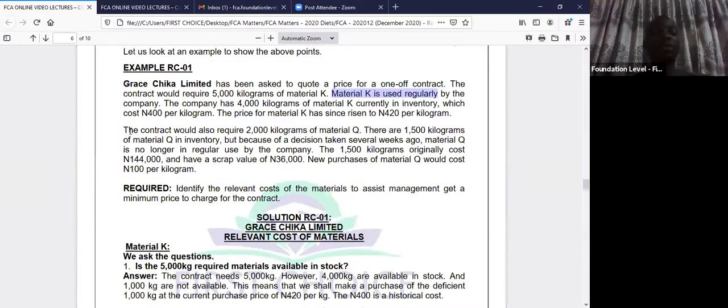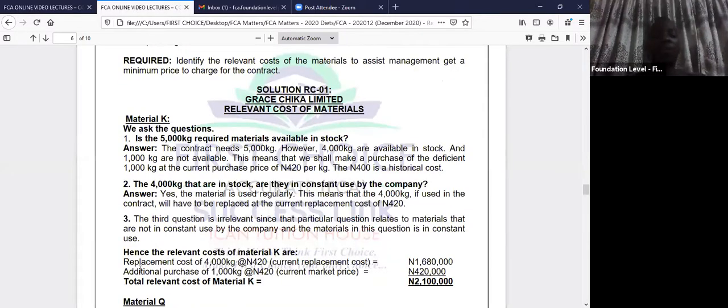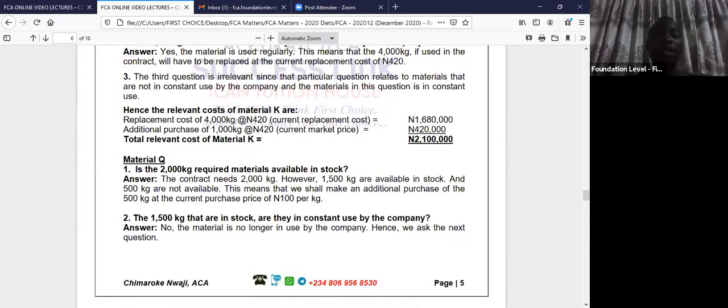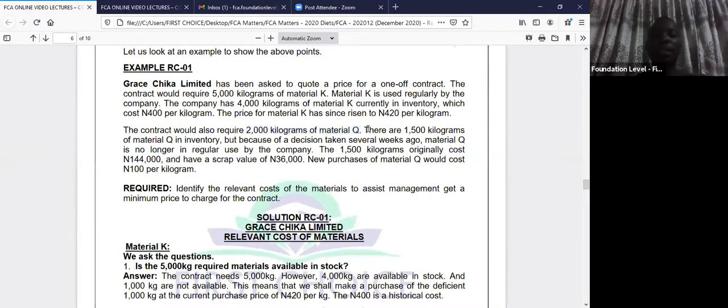The question continues. The contract would also require 2,000 kilograms of material Q. So we ask ourselves these questions. Is the 2,000 kg required material available in stock? Let's look at the paragraph. They said there are 1,500 kilograms of material Q in inventory.